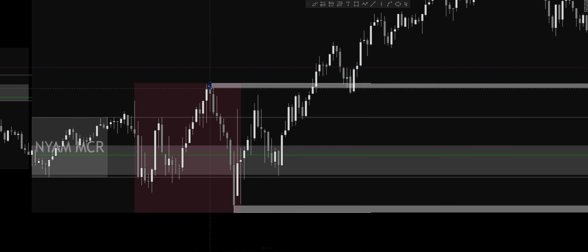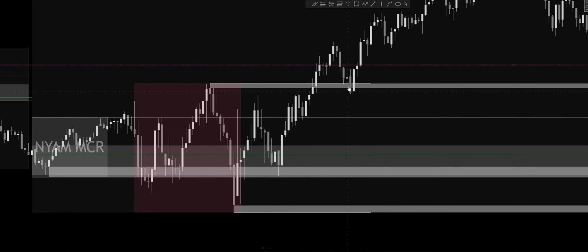Okay, let's see how we could have analyzed this. Price went and closed above New York AM MCR with a candle closure, like a candle body. Price then drew back into the discount of that MCR. So let's highlight that. We then had a candle count confirmation.